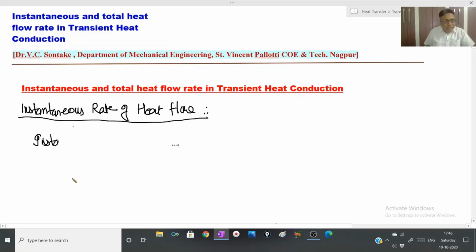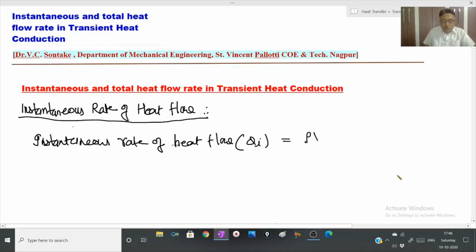So instantaneous rate of heat flow, represented by Q suffix I, can be given as rho into V into Cp into dT over d tau, where T is the temperature, which is a function of time.